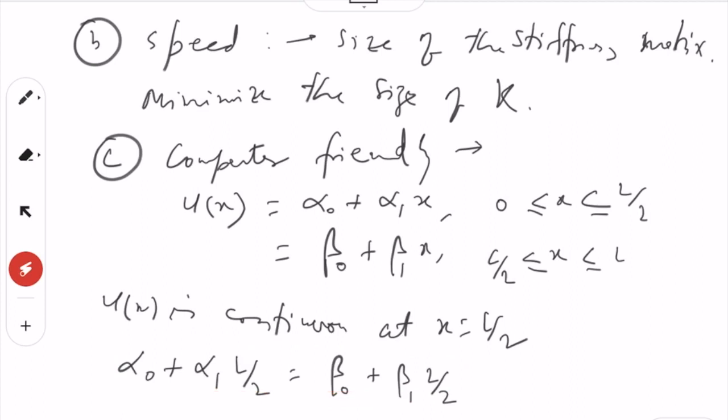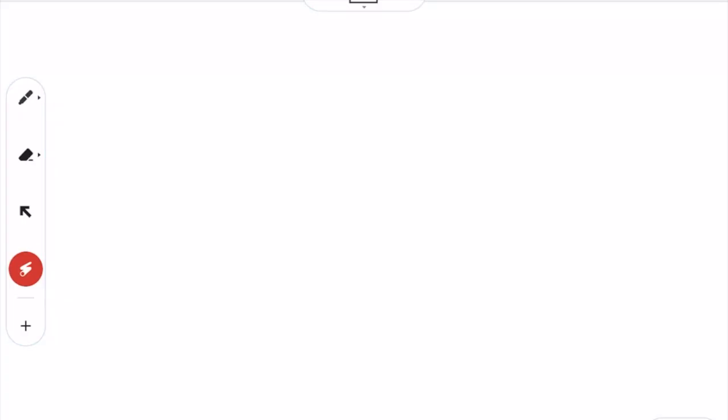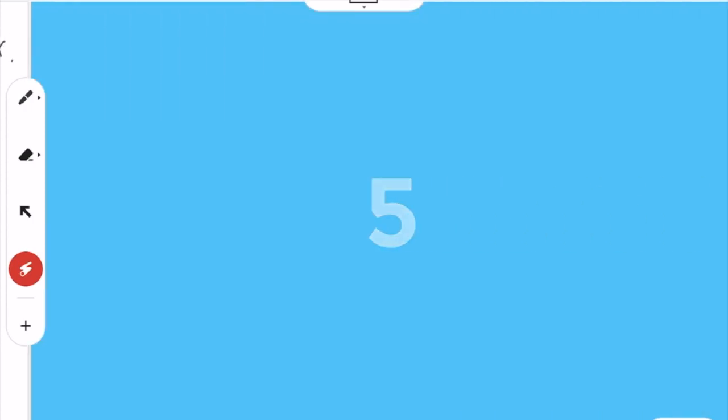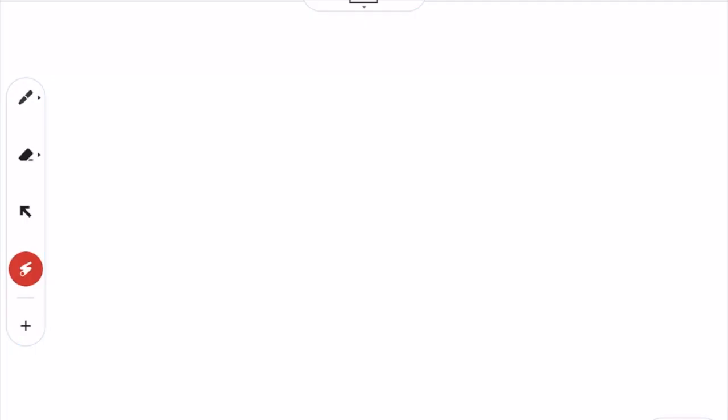One idea would be, instead of constructing the test function using some arbitrary constants alpha naught, alpha 1 or beta naught, beta 1, why not use the nodal displacement itself as those constants?